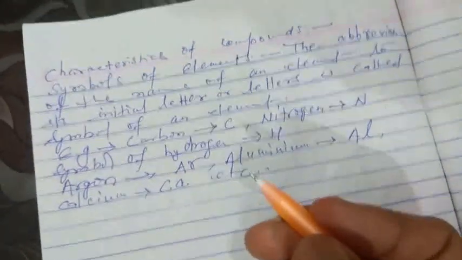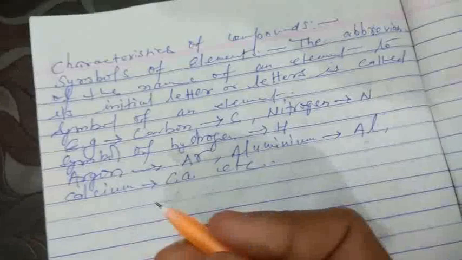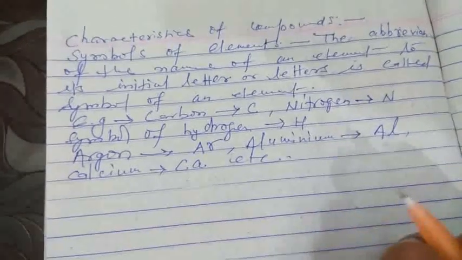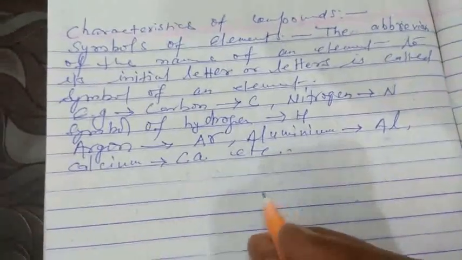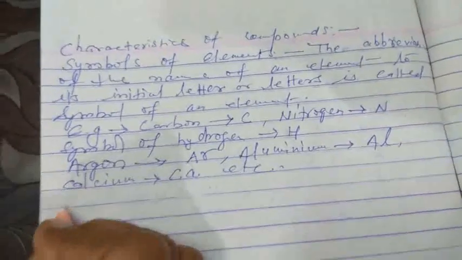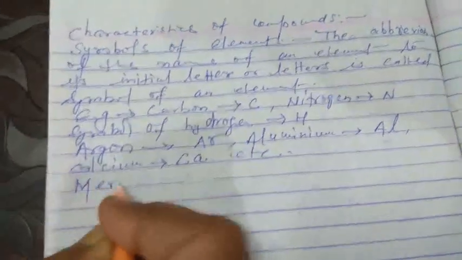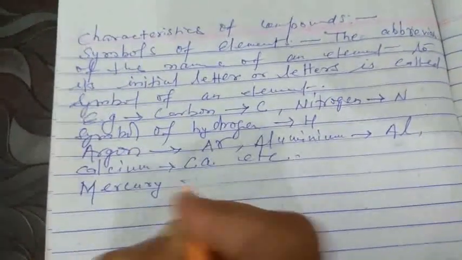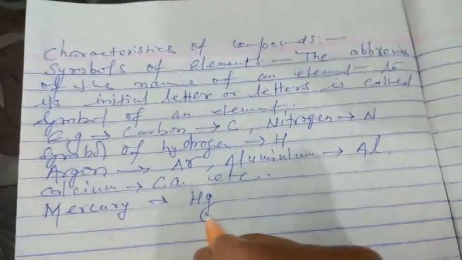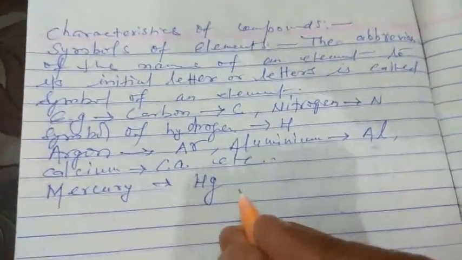Third simple rule: some elements, in particular those discovered by the alchemists, use the letters of their Latin name. For example, Hg for mercury. Symbol is Hg, from the Latin name hydrargyrum.